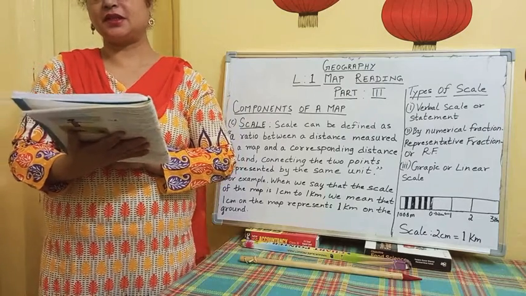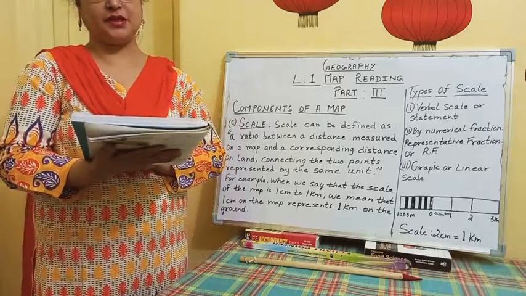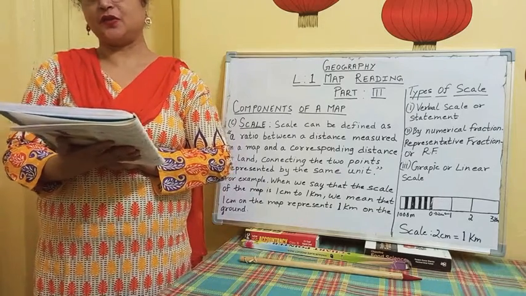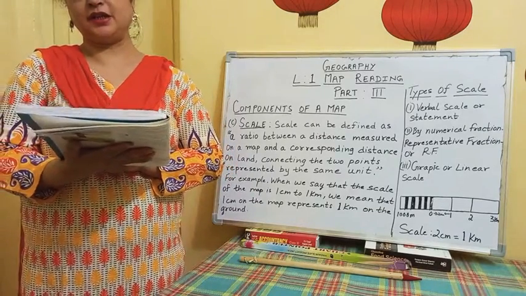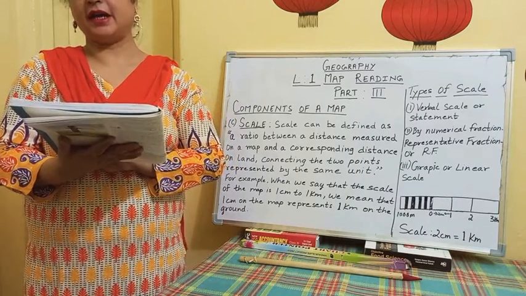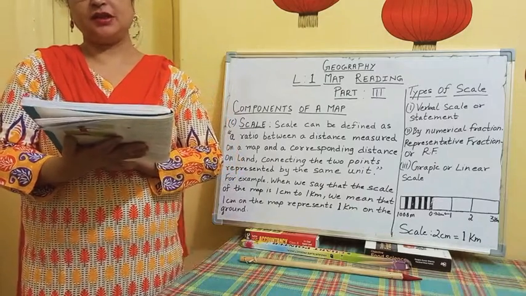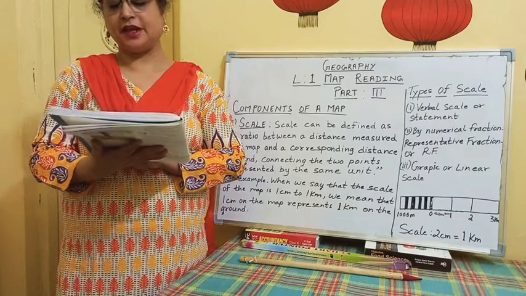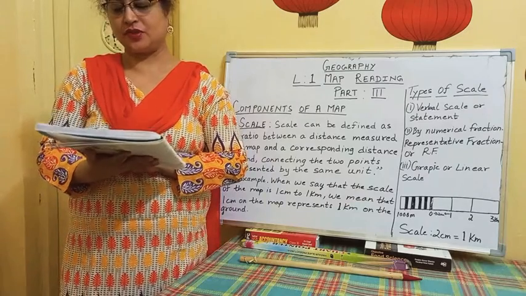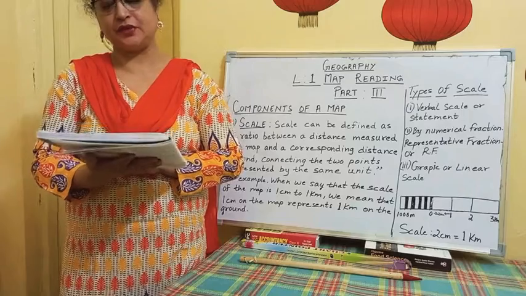Yellow color represents cultivable land, plateaus, deserts and plains. Green color represents forest area or lowland areas. White represents rocky area or bad land, hence uncultivable land. Blue color represents perennial lined wells, perennial streams, lakes and ponds, water bodies in general.